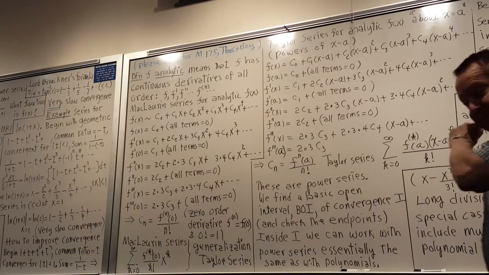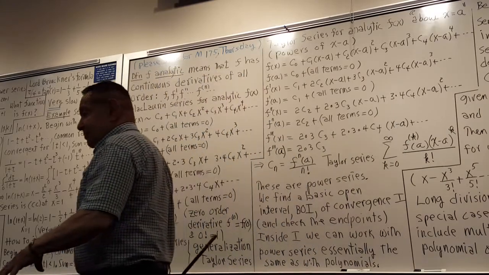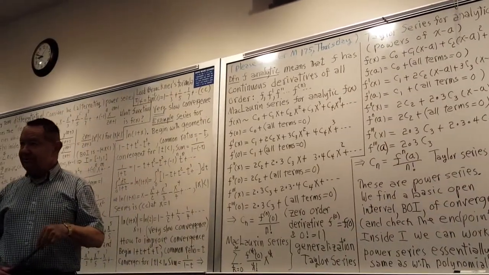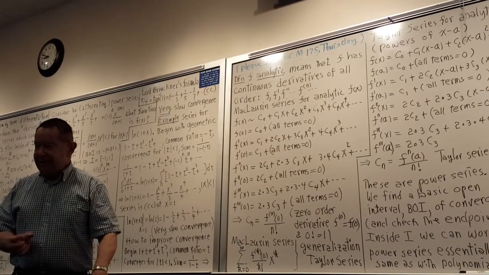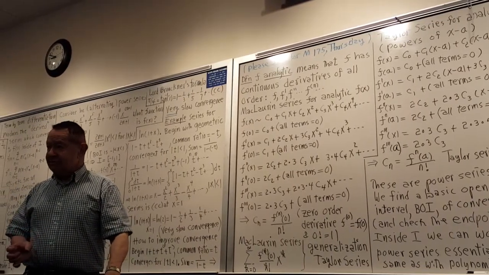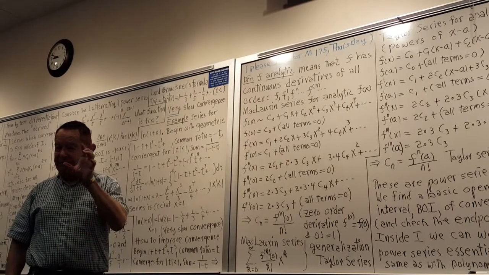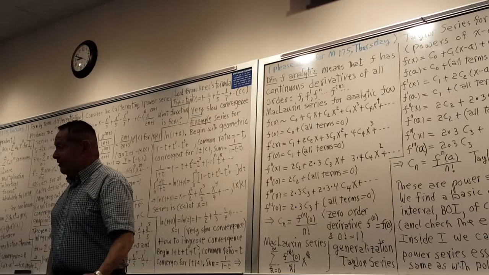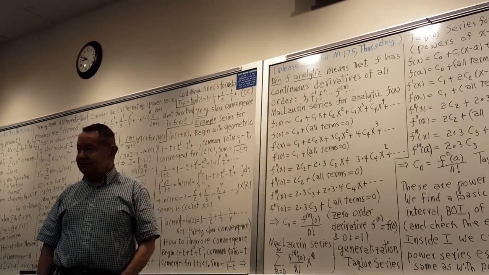You would use either the ratio test or the nth root test, and that would give you a basic open interval, inside of which you have absolute convergence, because you put absolute value signs on the factors that involve the x's.